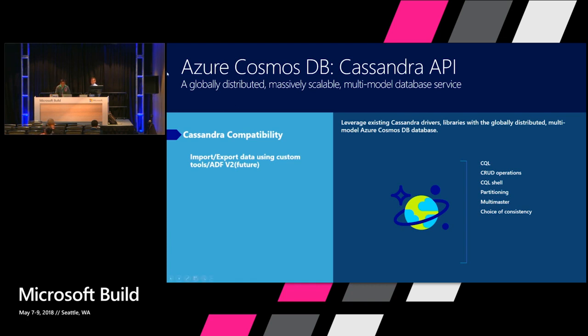Okay, so that's the first part. The other part is you do not have to worry. The goal here is that your existing applications with existing SDKs just work out of the box. You do not have to worry about a lot of the things.